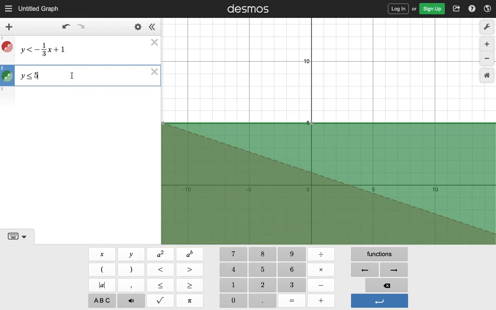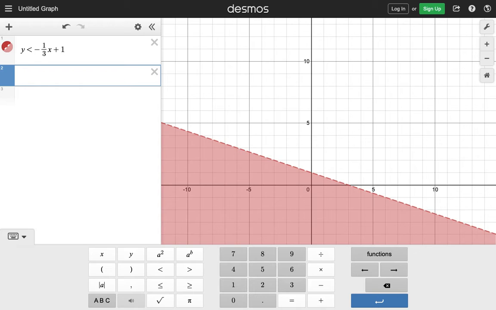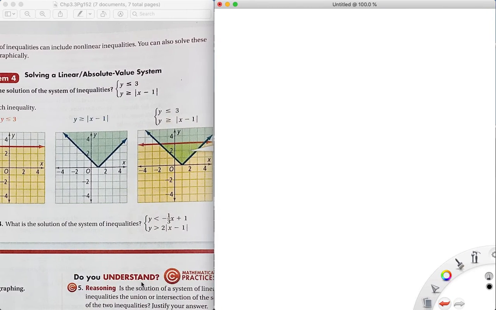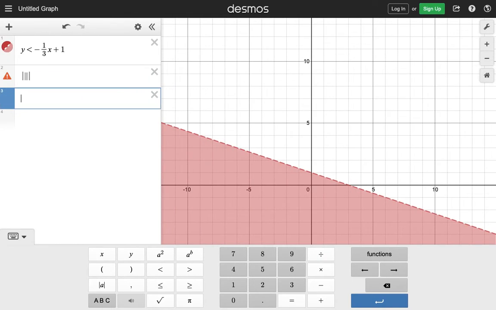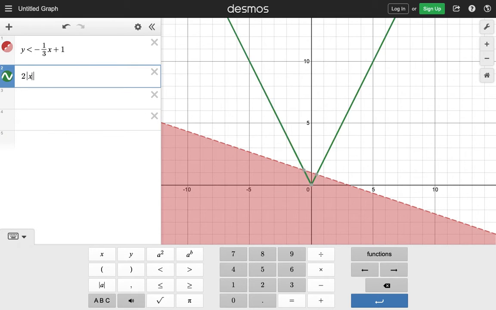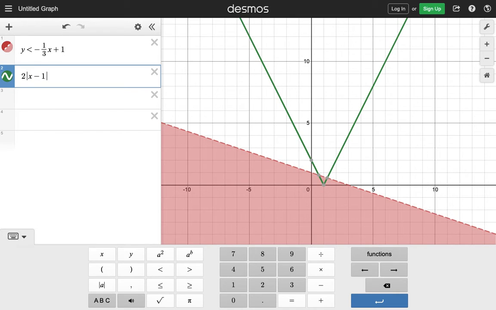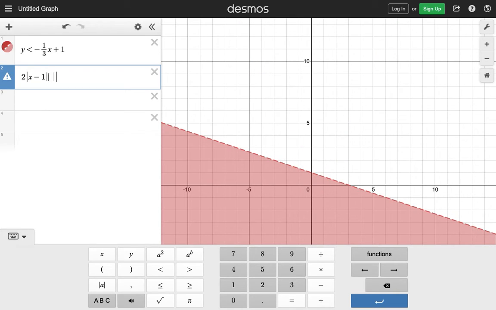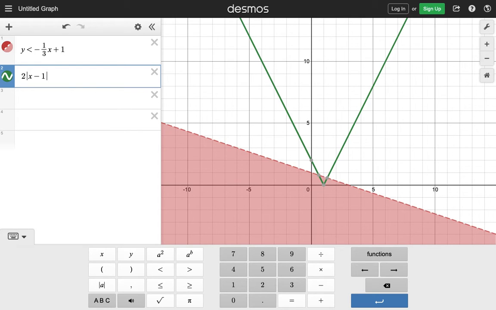There. And the other was the absolute value. So y is greater than 2 absolute value of x minus 1. Alright, a very small intersection.